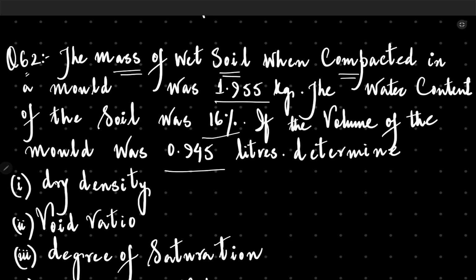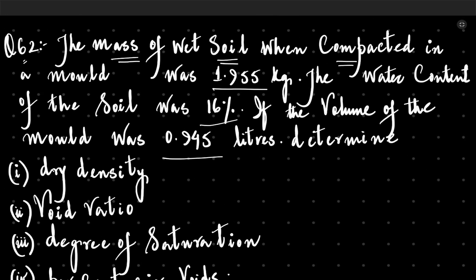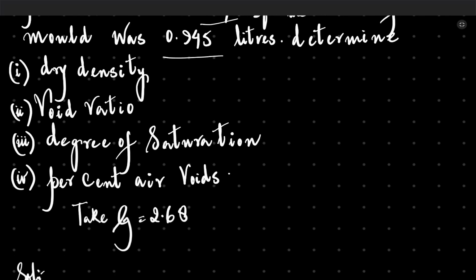Let's get back to the question once again and see what it says. Mass of wet soil when compacted in a mold was 1.955 kg. So this is the mass in the wet condition or the bulk condition or the moist condition. The water content of the soil was 16%. If the volume of the mold was 0.945 liters, determine the dry density, void ratio, degree of saturation, and percent air voids.